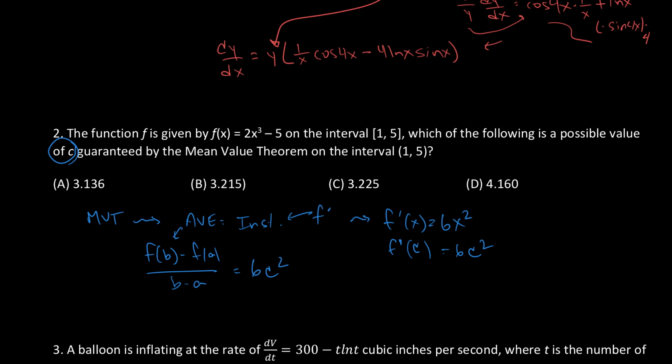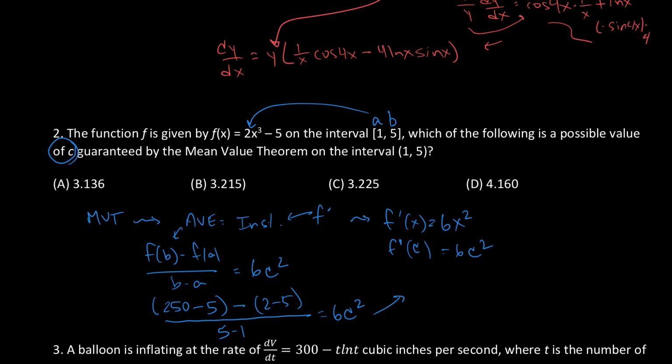So now let's put in the values for a and b. This is our a, there's our b on the interval, and I'm going to put them into the equation right there. So that would give me 5 to the third times 2, so that would be 250, minus 1 to the third times 2, minus the 5, so this would be 250 minus 5, and then this would be minus the 2 minus the 5, all over 5 minus 1, equals 6c squared.